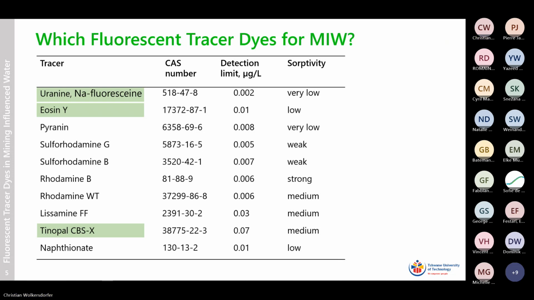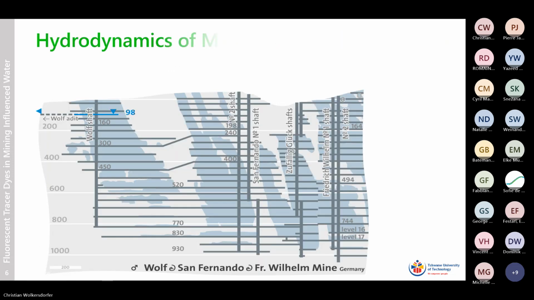Other people use other tracers, but we recommend not to use them for mine water tracer tests, or in general for tracer tests, because they are toxic. Now we're talking about sulforhodamine G, sulforhodamine B, rhodamine B, and rhodamine WT. So just keep this in mind.